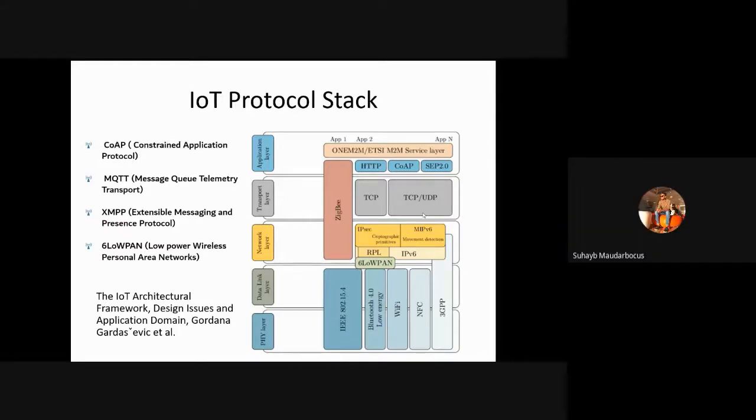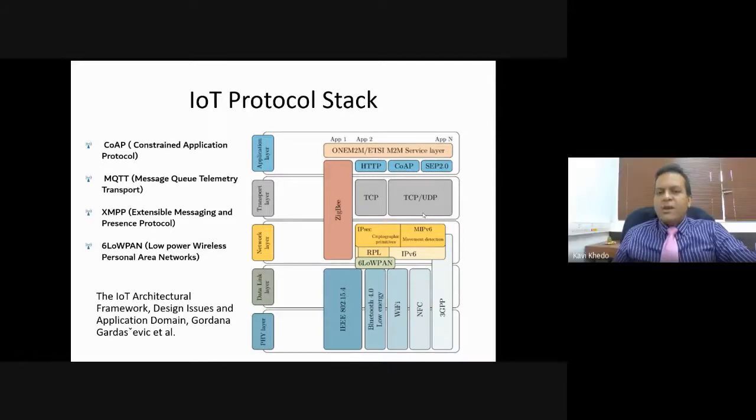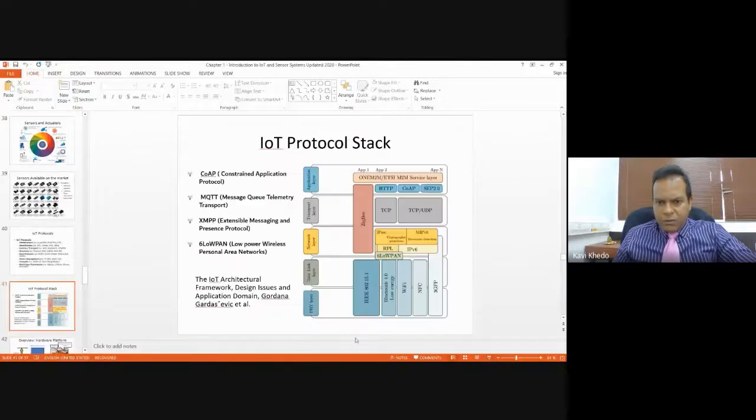Why do sensors not use TCP/IP? Last week I think I mentioned something about that. Let me see if someone wants to join the class. We have received two more students who have joined the class.